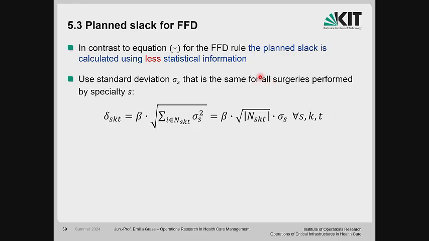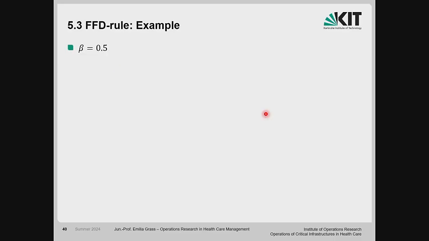So this is again easier to compute because the standard deviation only depends on the specialty and not on the room and the day. Therefore we can simply take the standard deviation out of the square root and multiply it by the number of surgeries of this specialty for this operating room on this day.